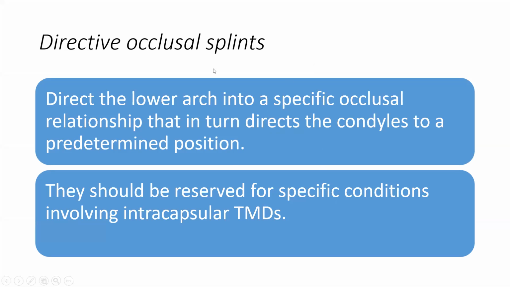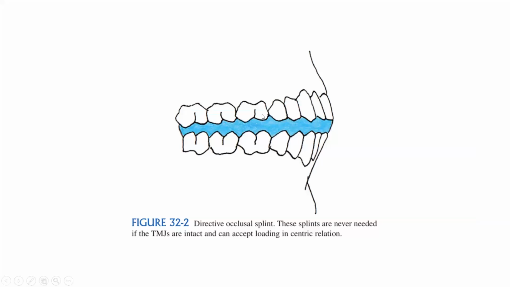And this type of directive occlusal splint basically should be reserved for specific conditions, mainly involving the intracapsular type of temporomandibular disorders. So this directive type of occlusal splint is fabricated in such a way that the mandible is positioned anteriorly, and it helps to decrease the loading of the temporomandibular joint.